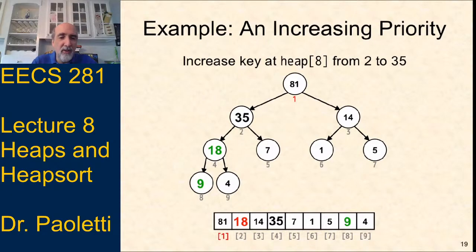Higher priority than its parent, so we swap it. This one's showing we put 35 in temp, we copy 18 over to 4, and then we copy 35 from temp over to index 2. Then we check 35 at index 2 compared to its parent. You're not a higher priority than your parent, so we have finished fixing the priority.